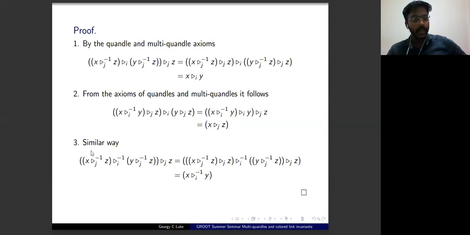So ((x ◁_j^{-1} z) ◁_i^{-1} (y ◁_j^{-1} z)) ◁_j z is, by the second statement, ((x ◁_j^{-1} z) ◁_j z) ◁_i^{-1} ((y ◁_j^{-1} z) ◁_j z). So (x ◁_j^{-1} z) ◁_j z by the axiom of quandles becomes x, and (y ◁_j^{-1} z) ◁_j z again becomes y, and then applying ◁_j^{-1} z on both sides, we get the required statement.